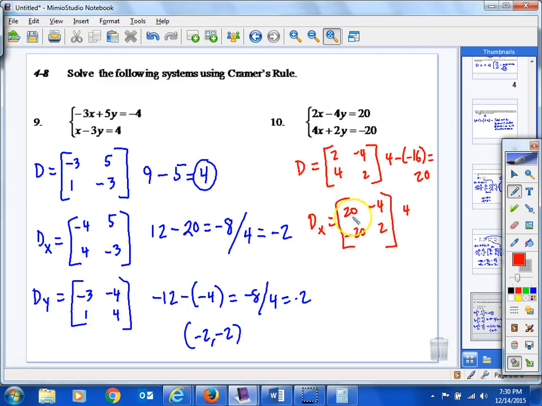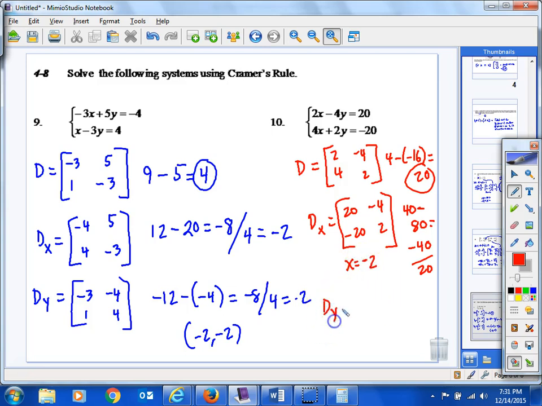Just multiply this way, 20 times 2 is 40, minus, and multiplying this way you get 80, that's negative 40. And now don't forget to divide. Negative 40 divided by 20 is negative 2, so x is negative 2.